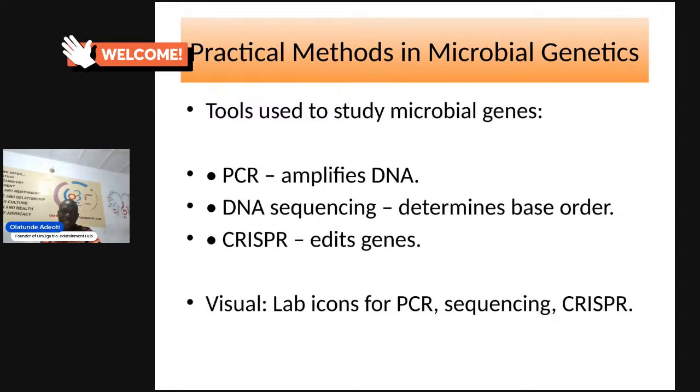The practical methods in microbial genetics, for example, PCR, which amplifies the DNA. We are going to see more of this as we go on. And DNA sequencing, which determines how the nucleotide bases are arranged. Then the other one is CRISPR. It is the same way you can edit manuscripts.